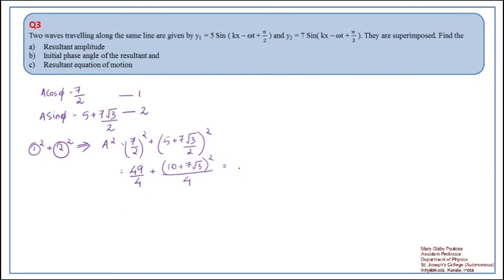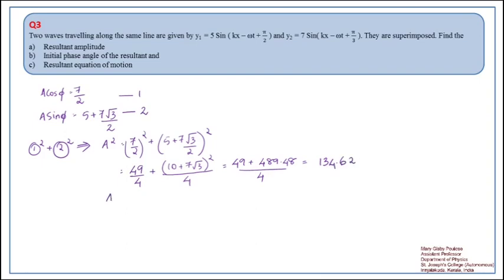We can use the calculator. We get (49 + 489.48) divided by 4, that is 134.62.